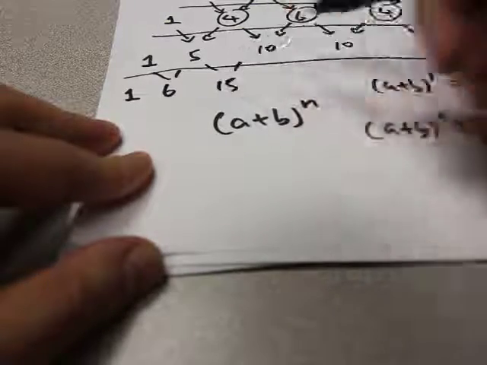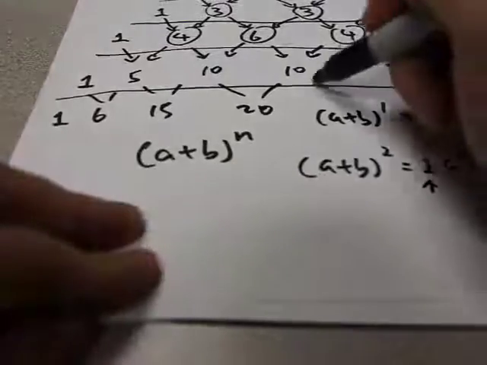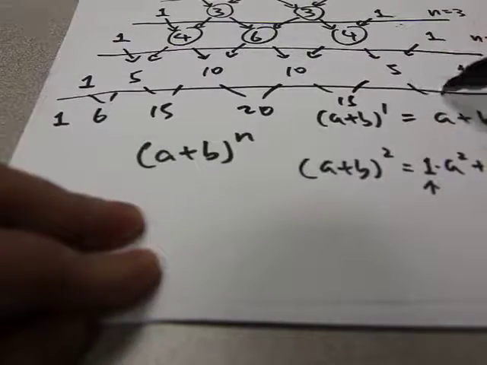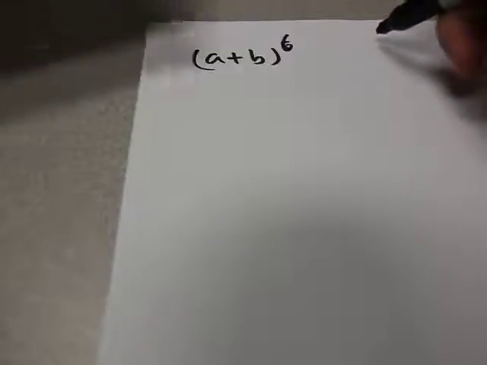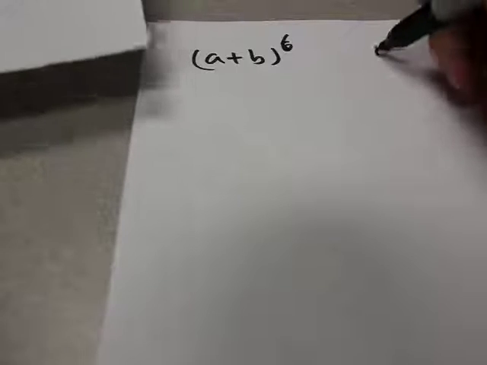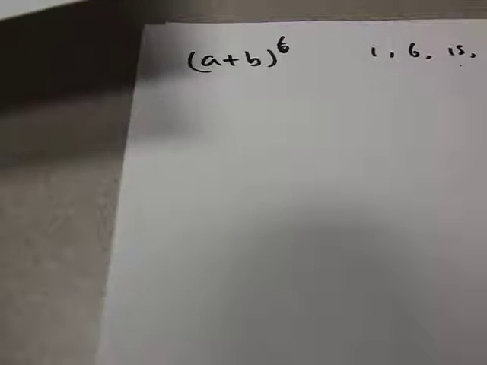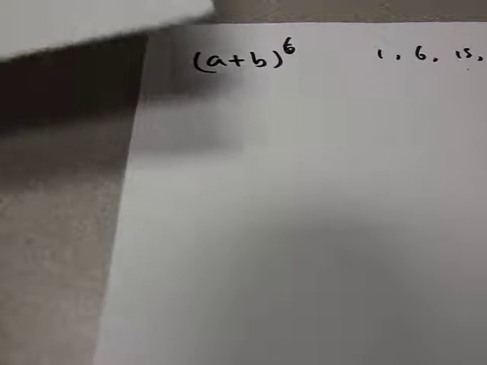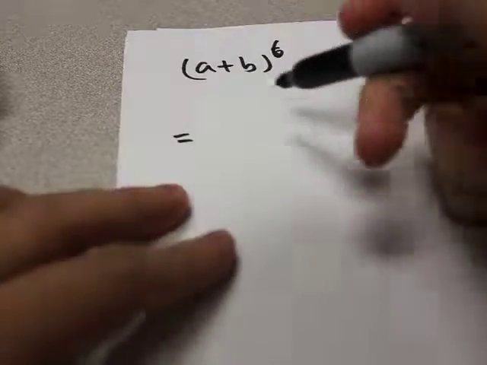This is 15. This is 20. And this is 15. This is 6. Okay. So let me write it here. So the numbers are 1, 6, 15, 20, 15, 6, 1. Remember, these numbers are the coefficients of each term. And there should be 7 terms.